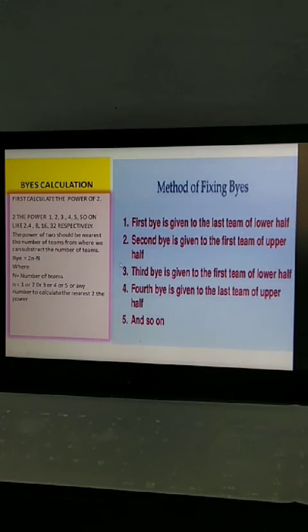First bye is given to the last team of the lower half, second bye is given to the first team of the upper half, third bye is given to the first team of the lower half, fourth bye is given to the last team of the upper half, and so on. The same sequence of distributing the byes will be followed in the fixture.